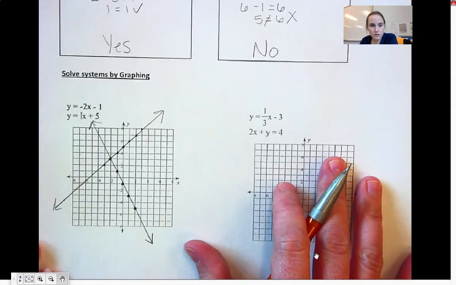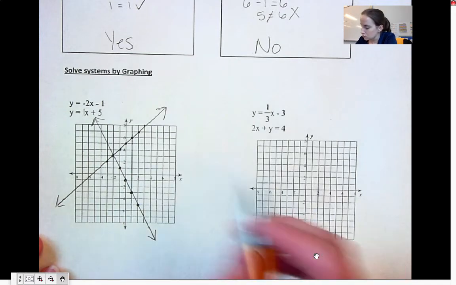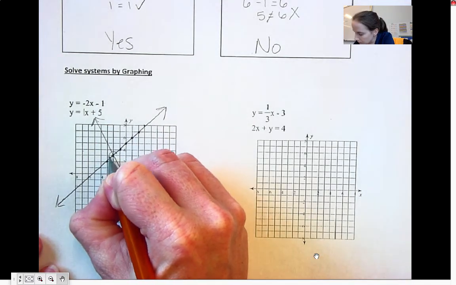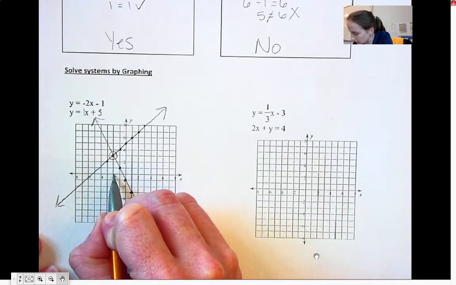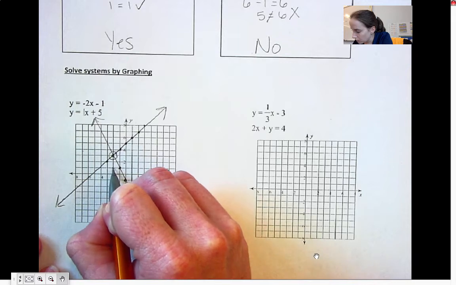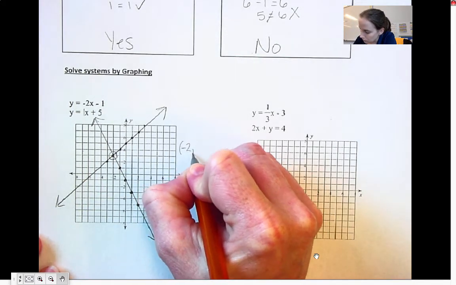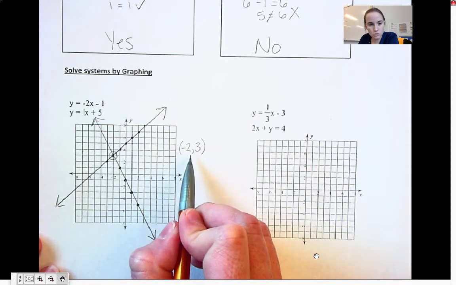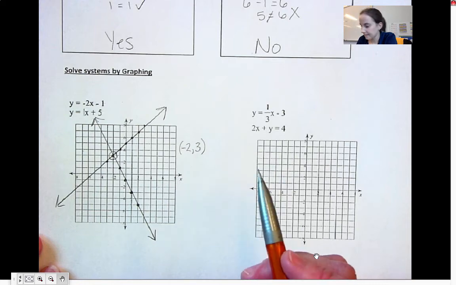The solution is the ordered pair that works for both equations. So the solution here is this point, which if we count correctly, negative 2, 3 is the solution that works for both lines.